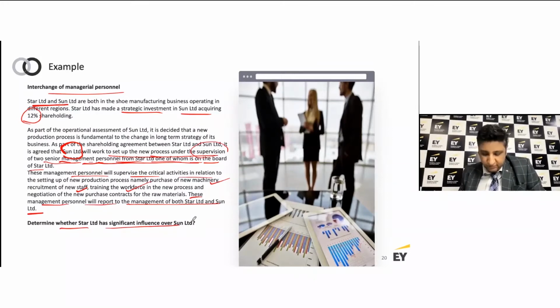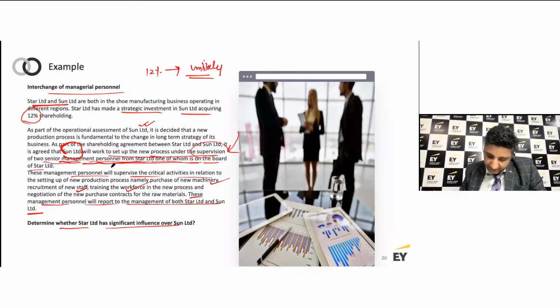So the key point that you want to pick up is it is a 12% shareholding. It is unlikely that significant influence exists, right? However, for Sun Limited to operate, it works under the supervision of the senior management personnel from Star Limited, who shall supervise everything, right?